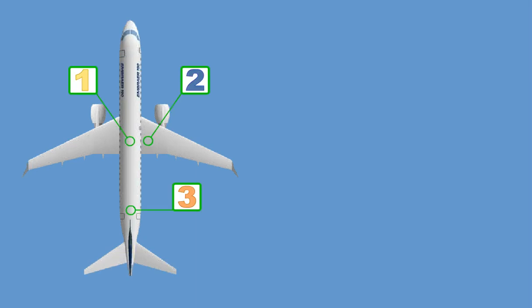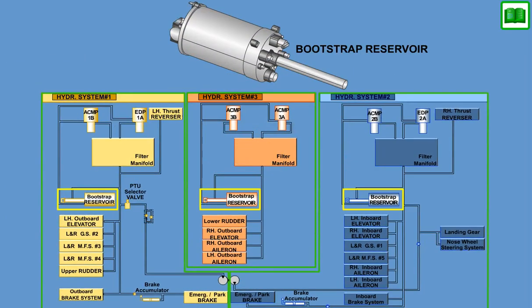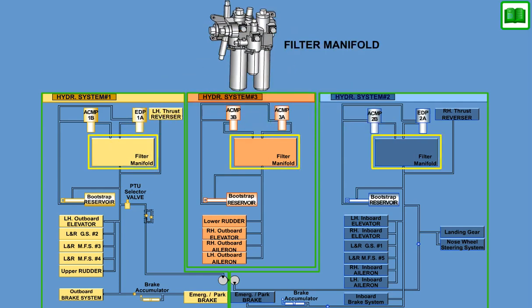Each of the 3 independent hydraulic systems include the necessary components for supplying clean, pressure-regulated oil to the hydraulic users. A bootstrap reservoir in each system provides pump inlet pressure and accommodates the oil volume change in the system. Contaminants are removed from the oil through filters in the pump discharge and case drain lines, and in the main system return line.